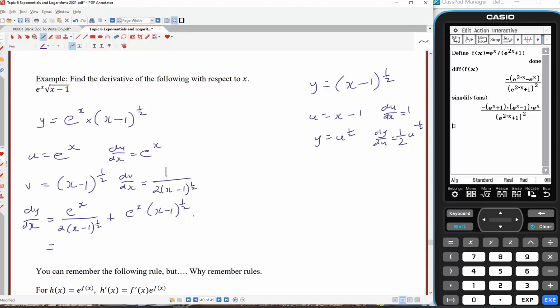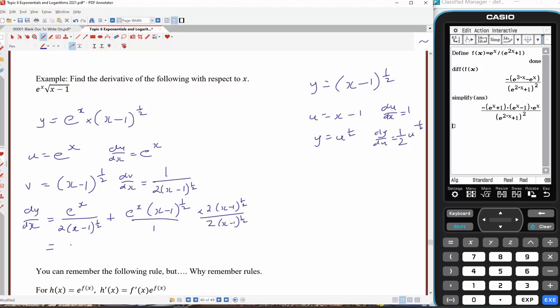Okay, so the way we're going to do that is we're going to multiply this. It's currently over 1. We'll times this by 2(x − 1)^(1/2) over 2(x − 1)^(1/2). What that will do is give this term here a common denominator.